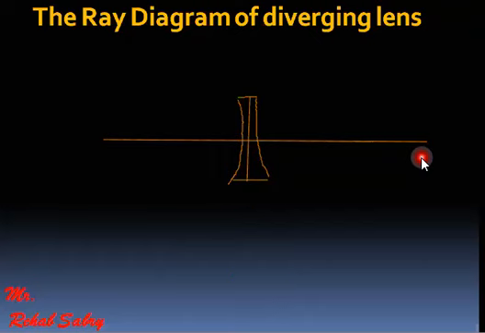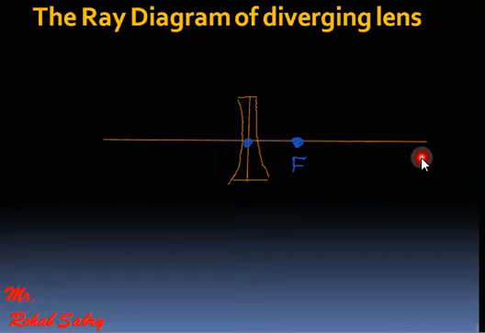Then let's put the main points, those we will use. This is the optical center. At a certain distance, we will put F, which represents the focal point.